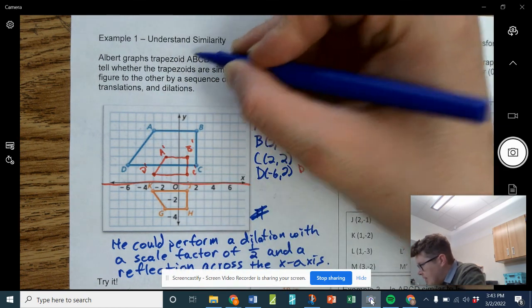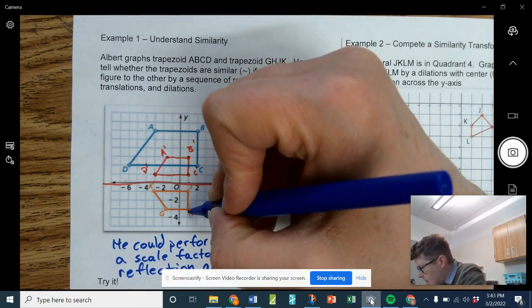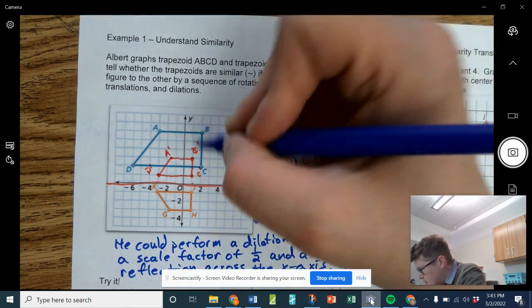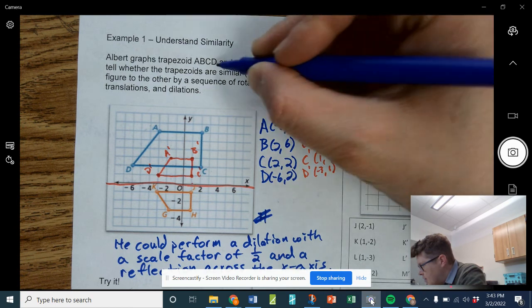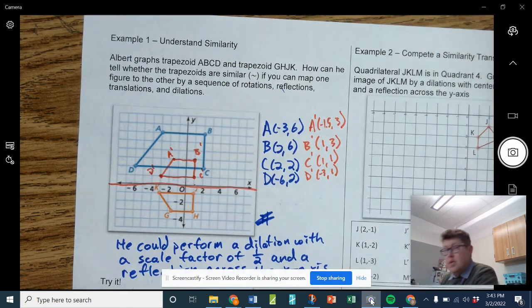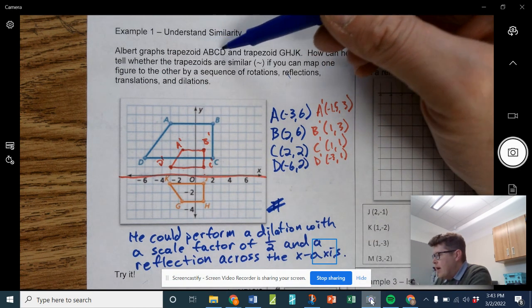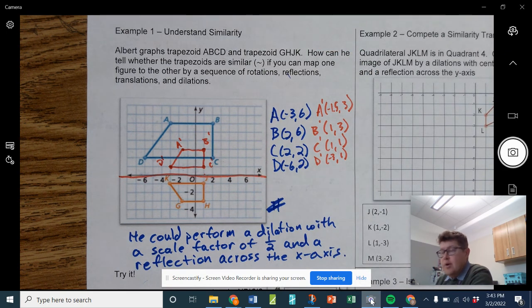And then B matches to H, C matches to J, and then D to K right there. So that is an important thing to notice, that the order of the letters when you write this is important.